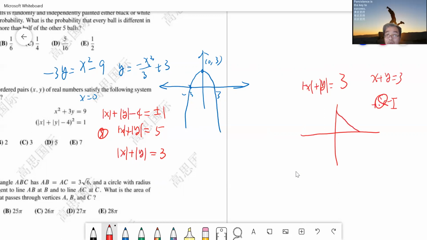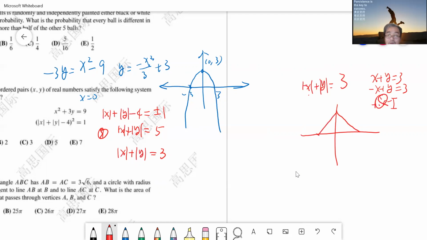Then you do the second quadrant. That's x a negative number, y positive. That gives you negative x plus y equals 3, right? So that gives you this line, right?